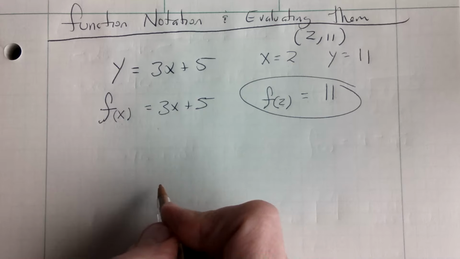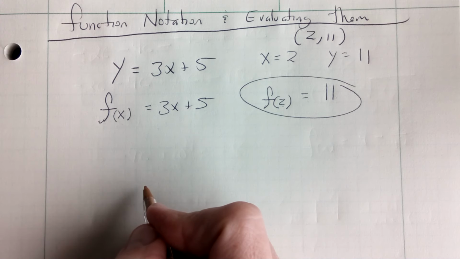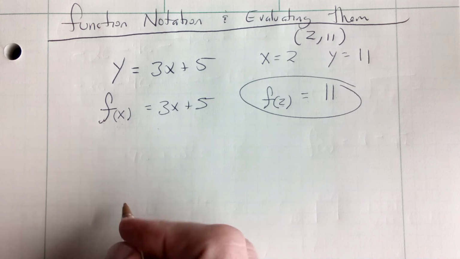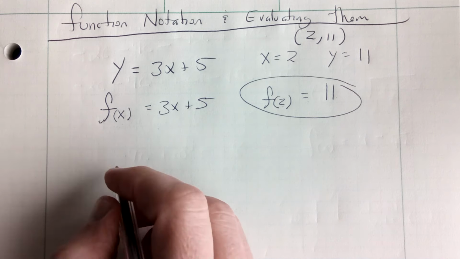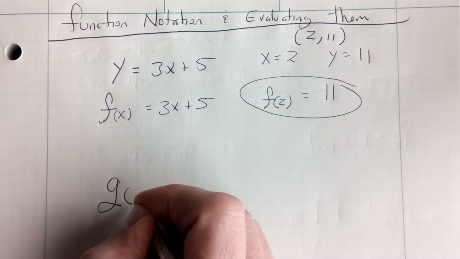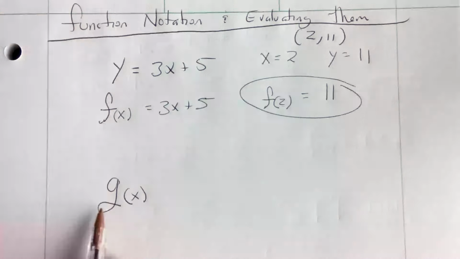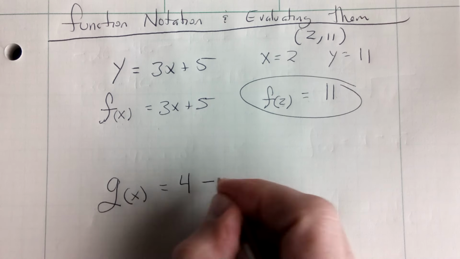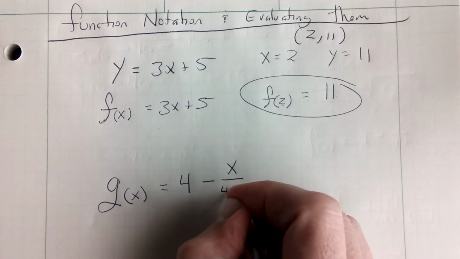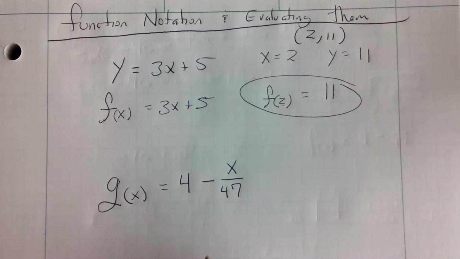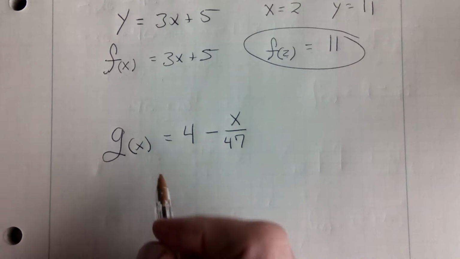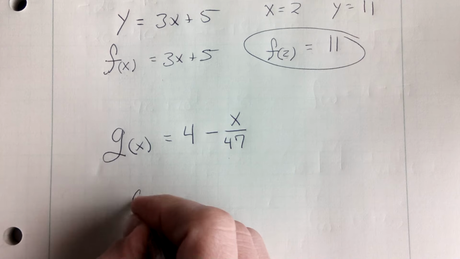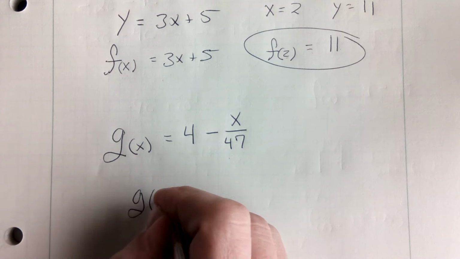Now I want to emphasize that in function notation, you don't always have to use this cursive f. For instance, they might give you a function like g of x. It's still function notation. g of x equals 4 minus x divided by 47. Then they'll ask, what is g of 47?